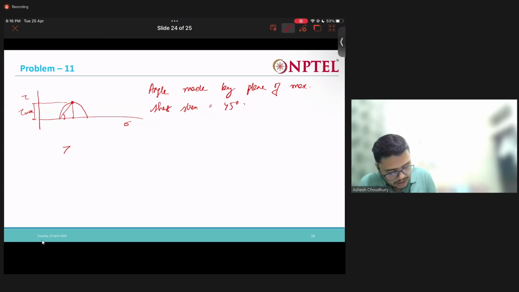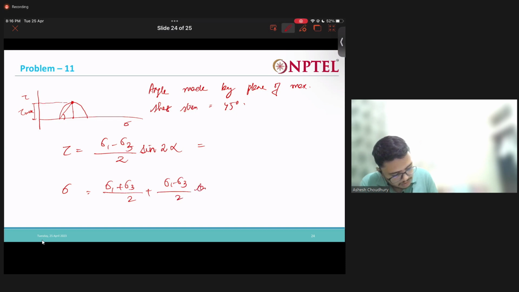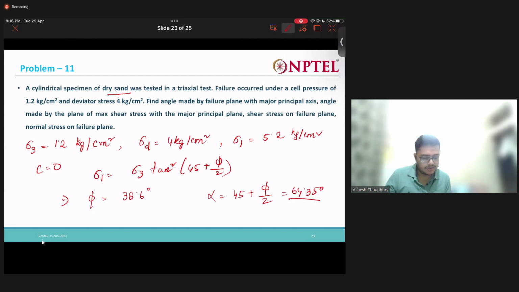For that we know our general formula: tau is sigma 1 minus sigma 3 by 2 times sine 2 alpha. So you can find this out, and sigma is sigma 1 plus sigma 3 by 2 plus sigma 1 minus sigma 3 by 2 cos 2 alpha. Okay, alpha you already found out, 64.35 degrees, right?